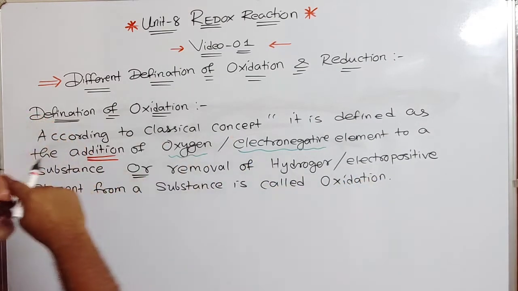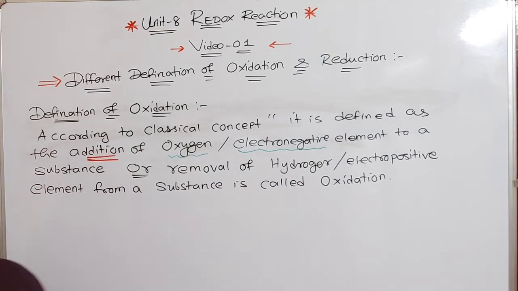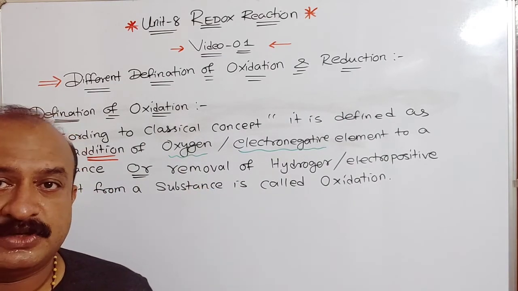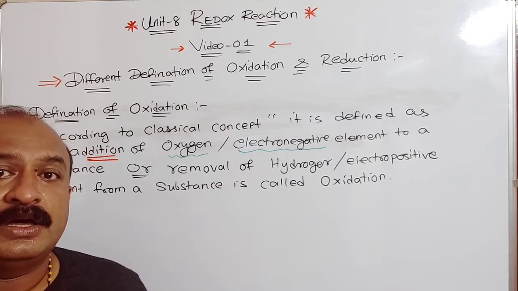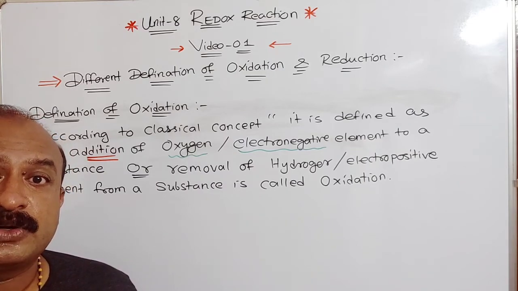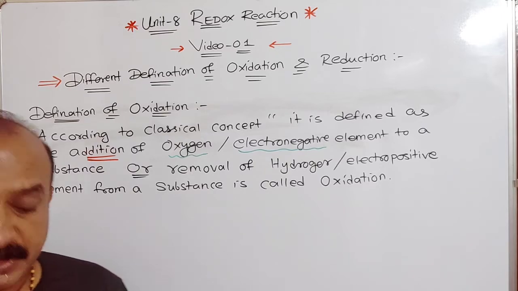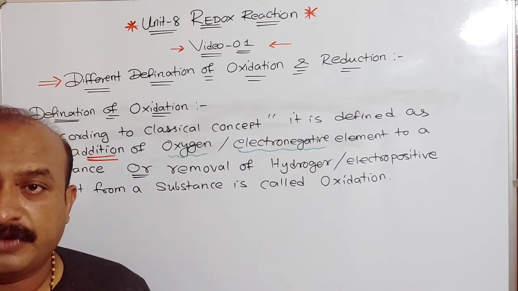So in this case, we saw 4 definitions of oxidation. That is addition of oxygen or electronegative element, removal of hydrogen or electropositive element is called oxidation. So this definition you can write down in your fair book.